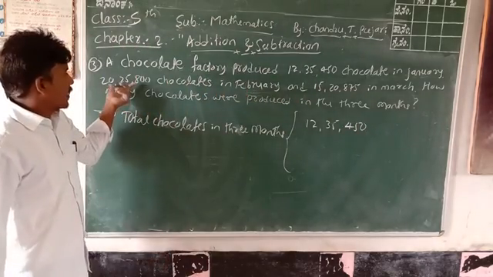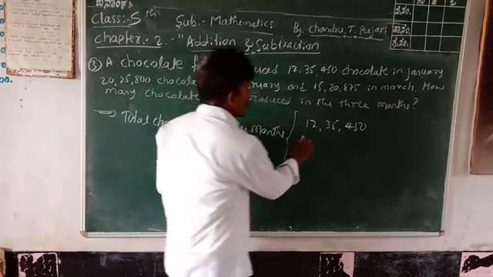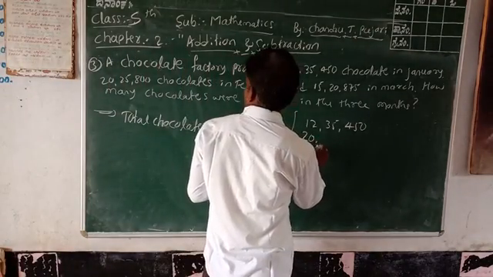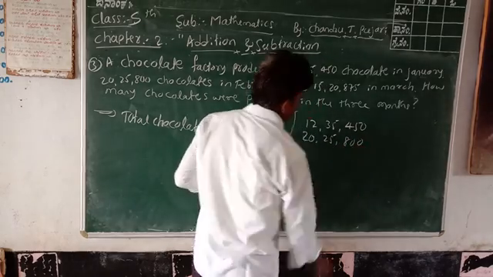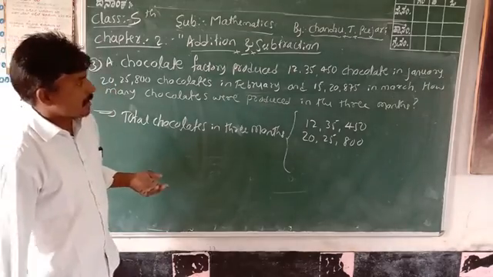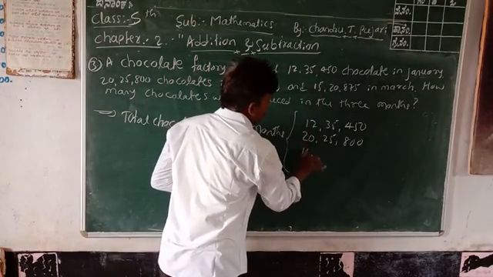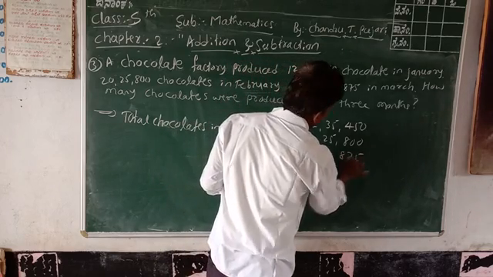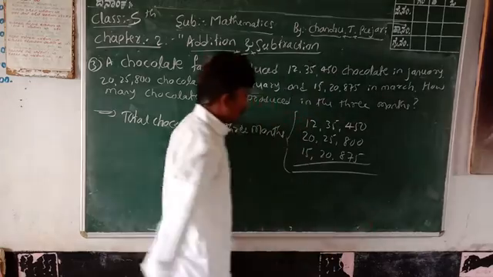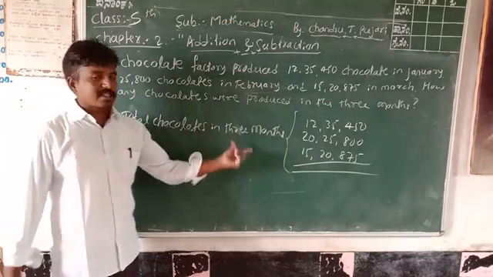In February, 20,25,800 chocolates. The next, in March, is 15,20,875 chocolates. Therefore, total chocolates in 3 months.